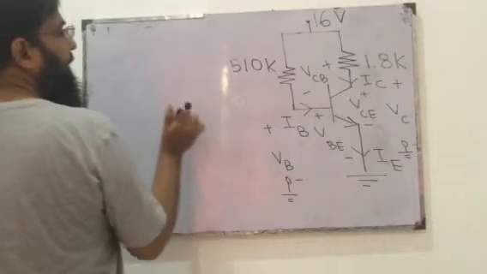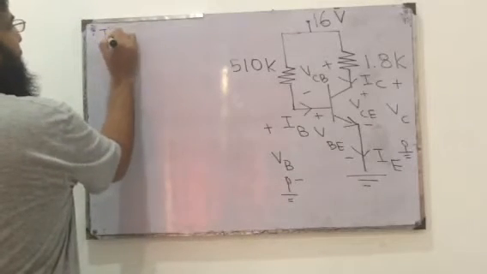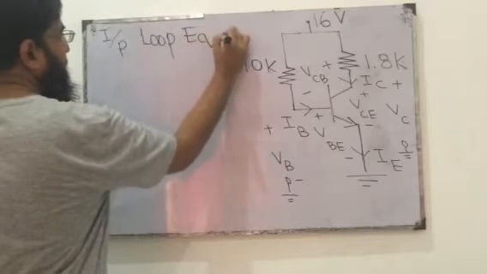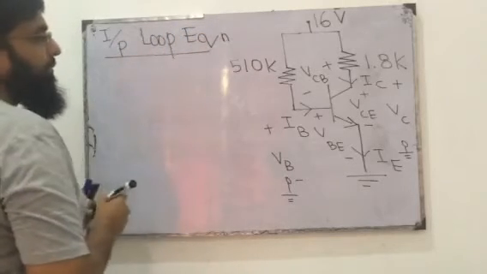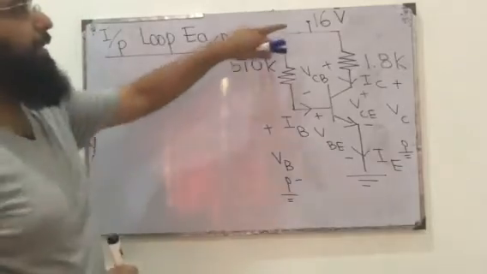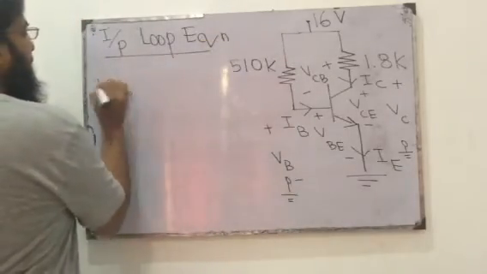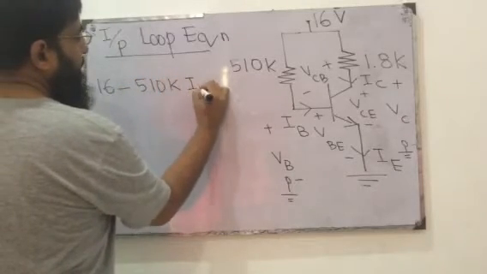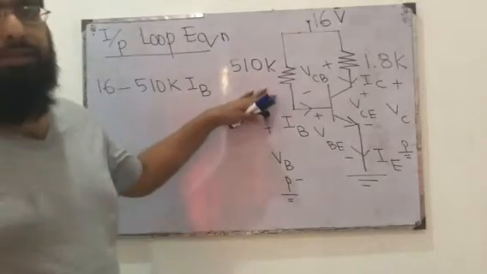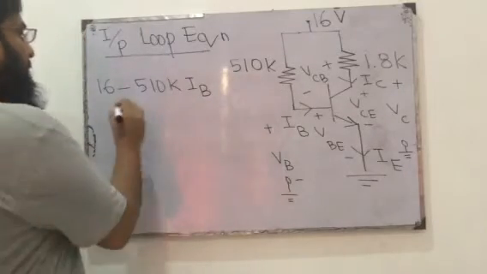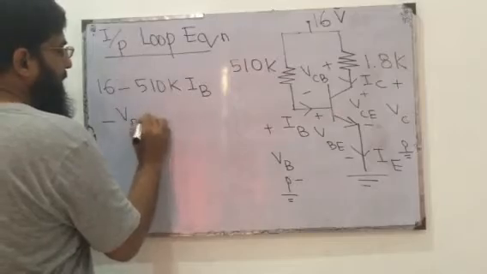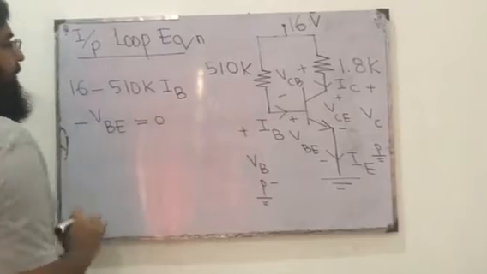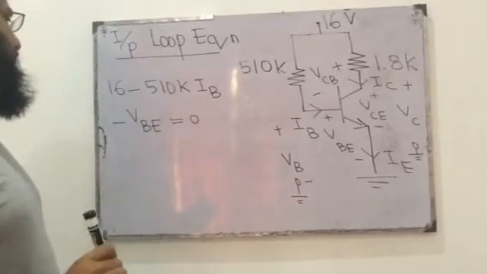In order to find out IB, the base current, we need to write the input loop equation. It contains VCC, 16, taken as positive, minus 510K times IB, the voltage drop across the base resistor, minus VBE, the voltage drop across the base emitter junction, minus 0, is equal to 0.